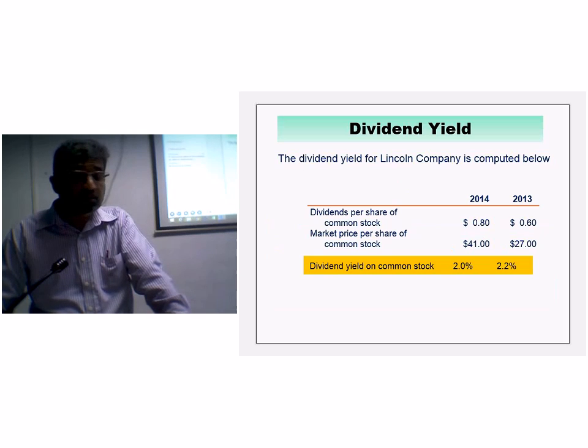Then finally we discussed ratios. Under ratios we categorize into 5: liquidity ratio, leverage ratio, activity or efficiency ratio, profitability ratio, and market ratio, right? We discussed the method of calculating it, how to define it, how to interpret the results, and the objectives of each and every ratio.